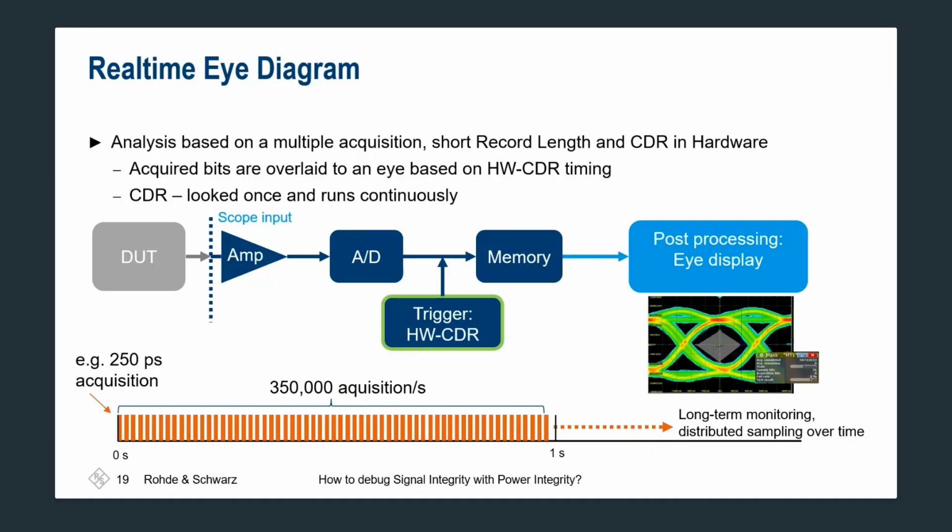This gives us many benefits, such as gathering a lot of statistical data for eye diagram measurement in a short measurement time and searching for short-term events that might corrupt the eye. Also, the eye diagram is updating in real time on the oscilloscope screen, meaning it can instantly show any changes in the incoming signal itself.